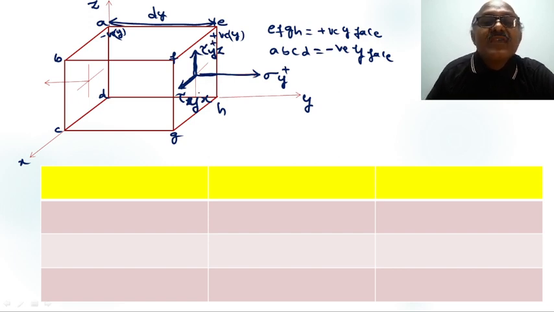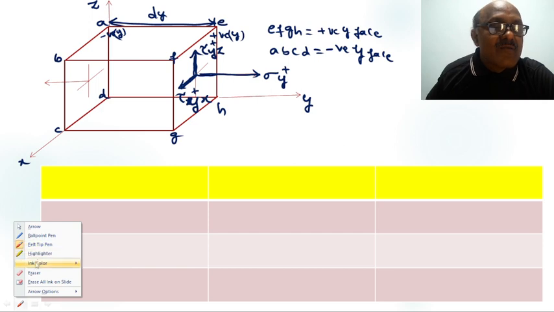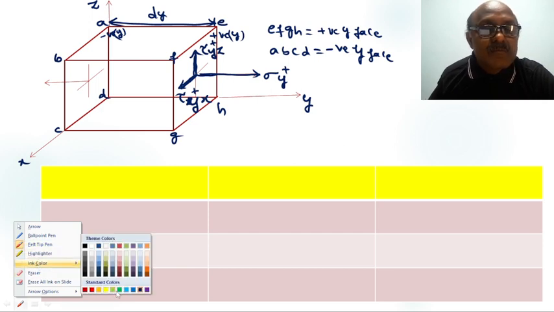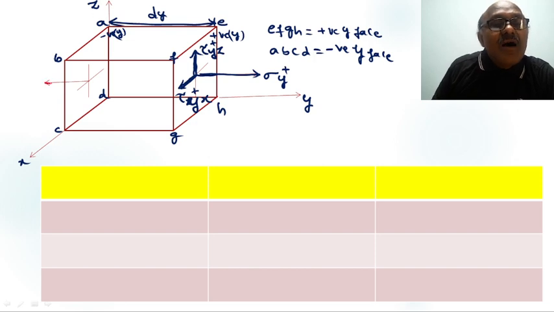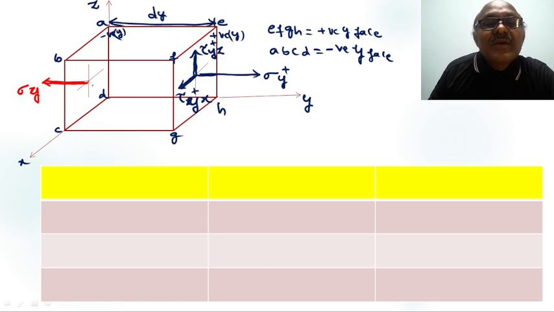This is tau yz plus, tau yx plus. Now I will use a different color for clarity. Here is a stress on the negative y face. This is a normal stress, acting perpendicular to the negative face, so it is sigma y. All of it clear, my dear students?